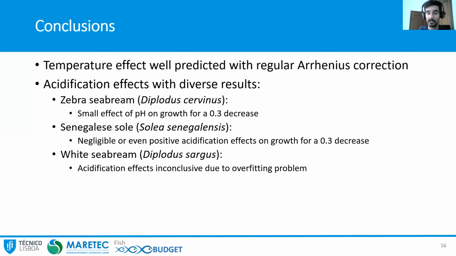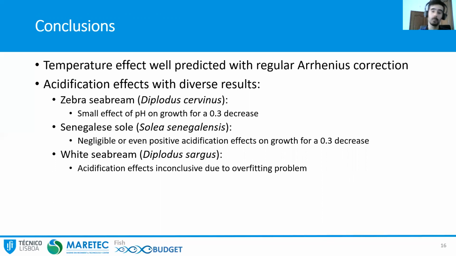For the Senegal Stone, we obtained a negligible or possibly positive acidification effect on growth for a 0.2 decrease in pH. And by positive, I mean there will actually be a decrease on the maintenance rate instead of an increase, which would leave more energy for growth instead of less energy for growth.